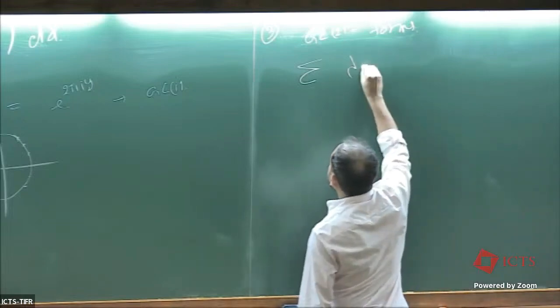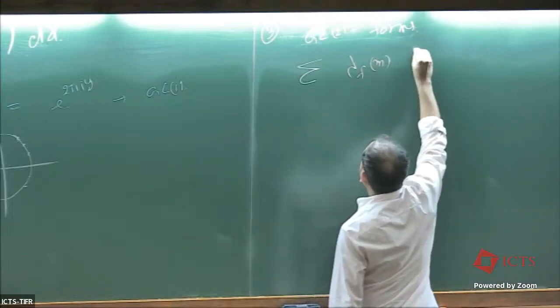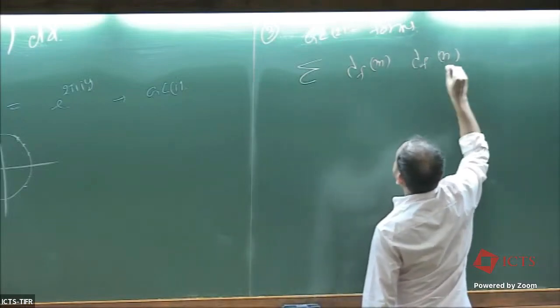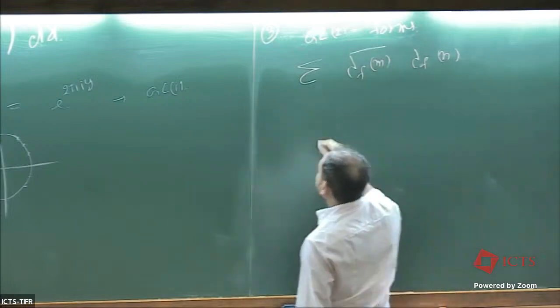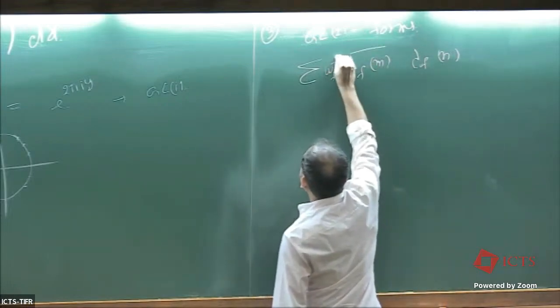There are some mysterious objects called Fourier coefficients, lambda f m, lambda f n bar. There are some weight functions, omega f inverse.